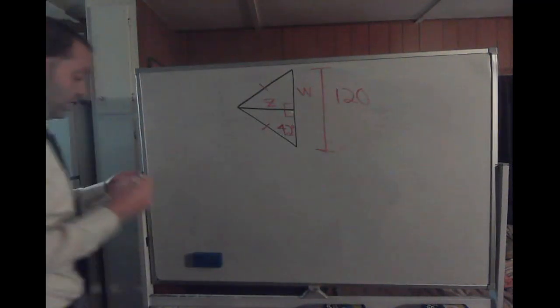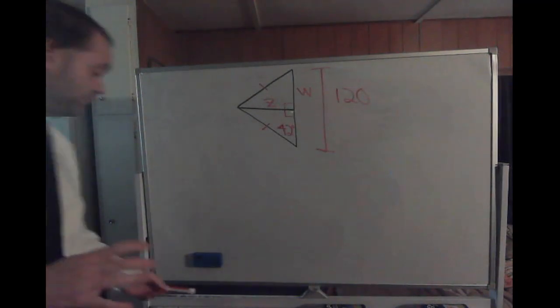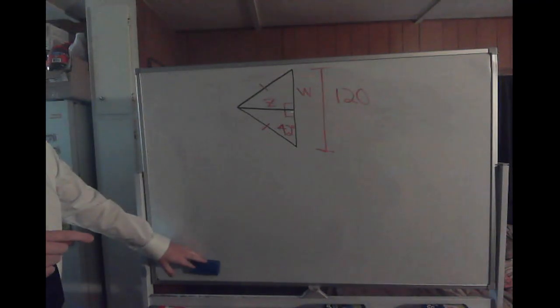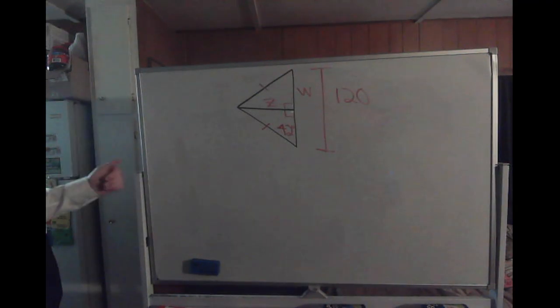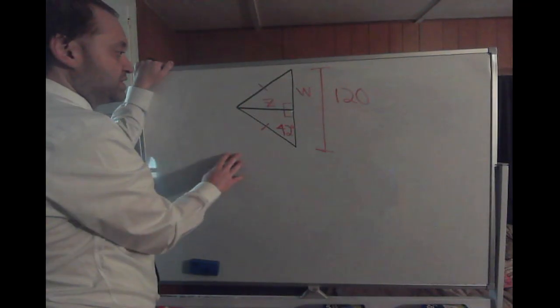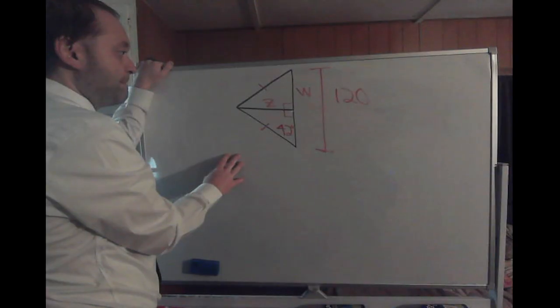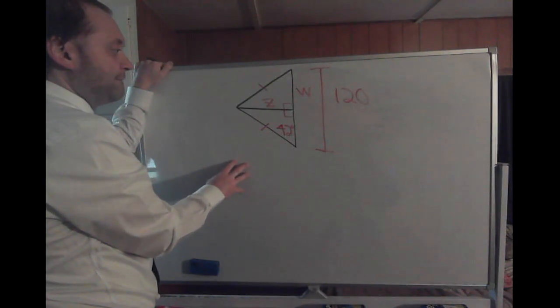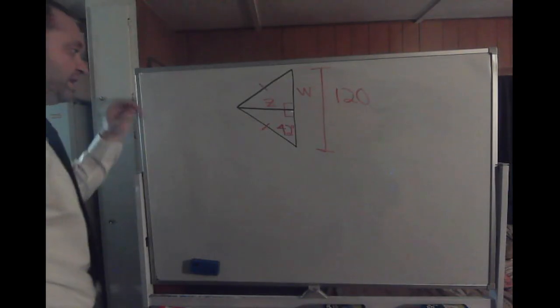So first we're supposed to solve for W then Z. But here's the thing. It's actually going to be easier if we solve for Z first. Well, no, we'll have to solve for W first. So how are we going to do that?